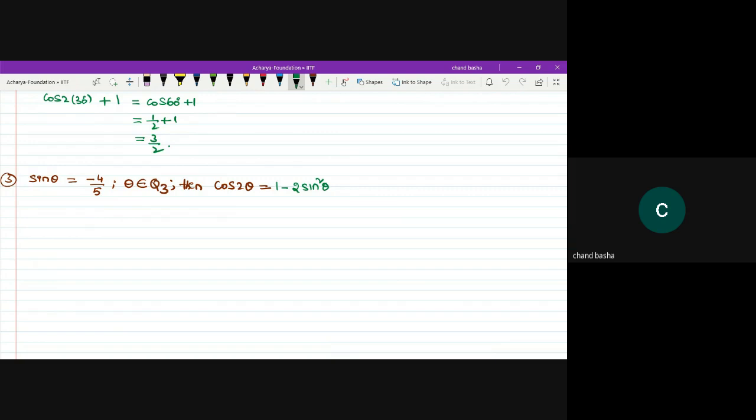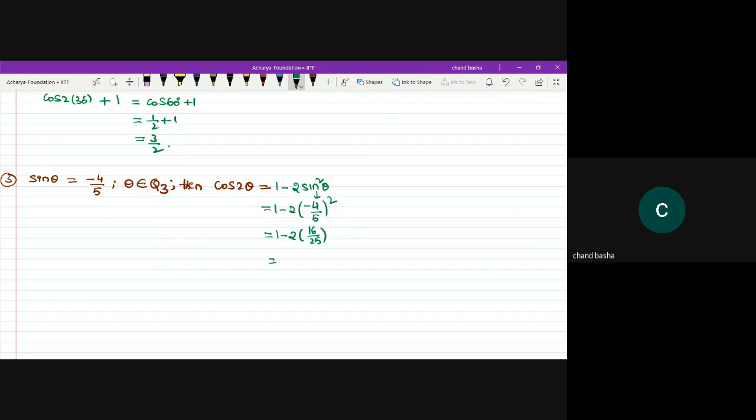1 minus 2 sine squared theta. Is it clear? This is equal to 1 minus 2 into sine theta, whose value is already given, minus 4 divided by 5 whole square. It is not necessary to use the right angle triangle, or to write cos 2 theta in terms of cos square theta minus sin square theta. First, observe the formulas. 1 minus 2 into 16 divided by 25.